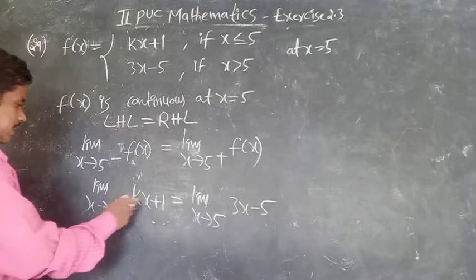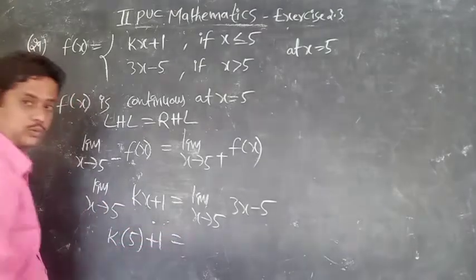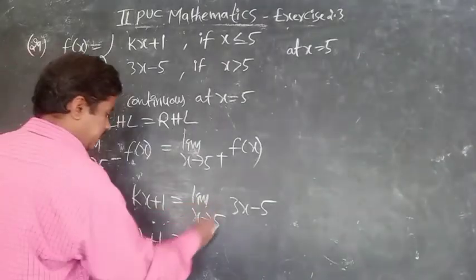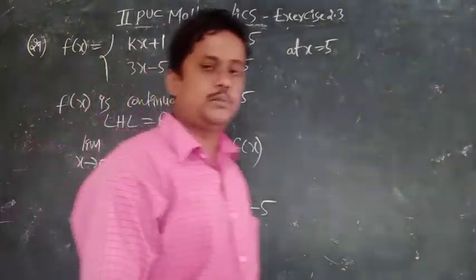Now substitute the values: k into 5 plus 1 is equal to 3 into 5 minus 5. Simplify this value.